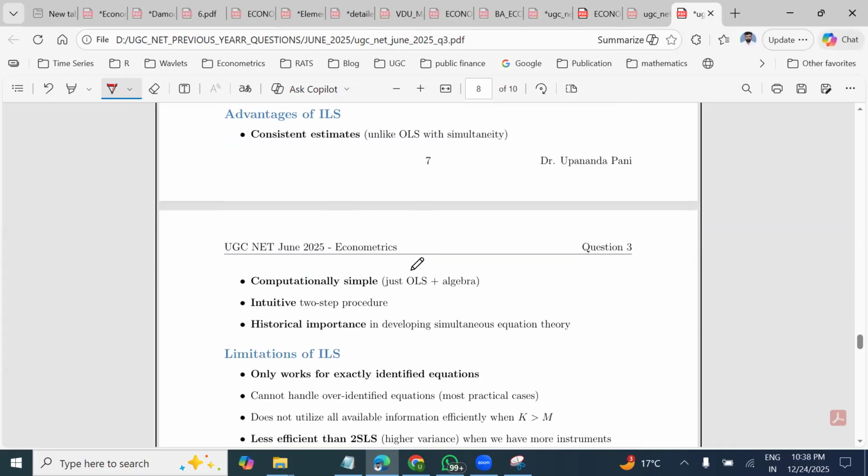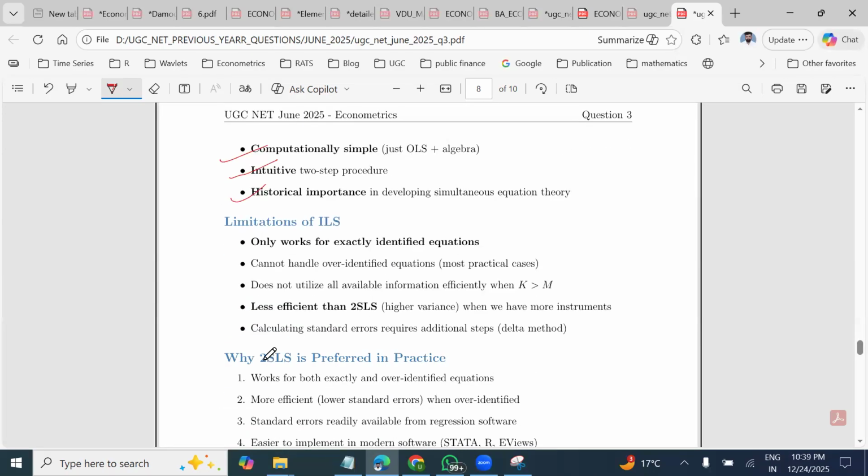So what are the advantages of ILS? They give you consistent estimates, they are computationally simple, they are intuitive, and they have historical importance. Then what are the limitations of ILS? It only works for exactly identified equations. It cannot handle over identified equations, and it doesn't utilize all information efficiently when k is greater than m.